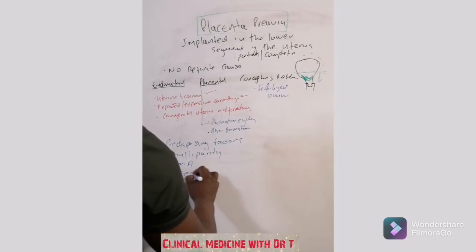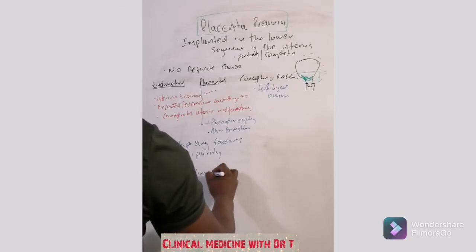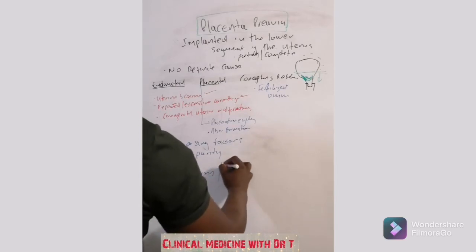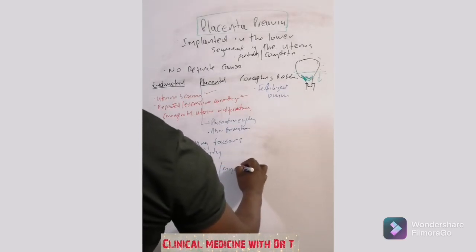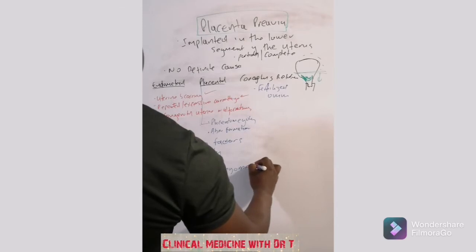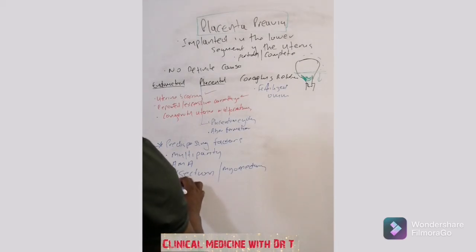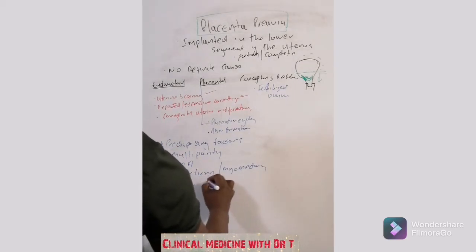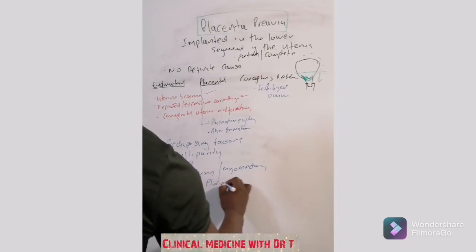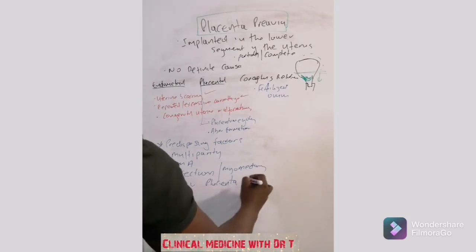Previous C-section, myomectomy, basically any operation that was done in the uterus can leave a scar there and predispose the patient to developing placenta previa. And also previous placenta previa: the fact that you had it before, you can have it again.